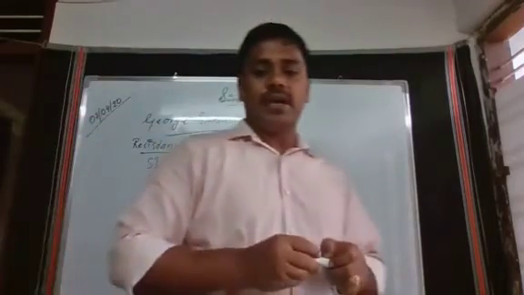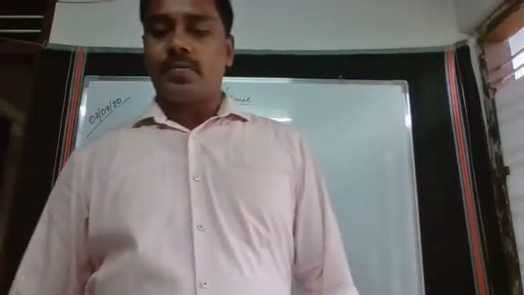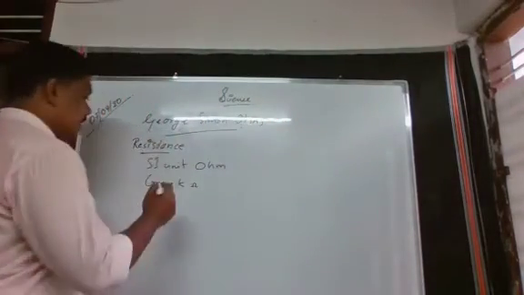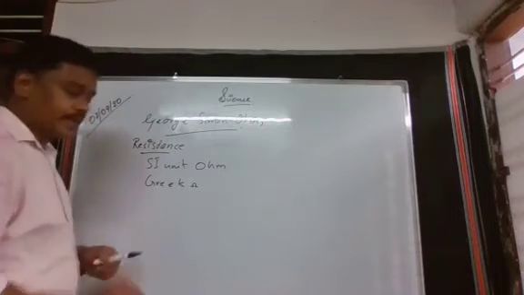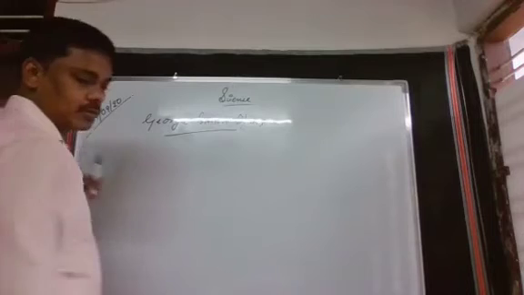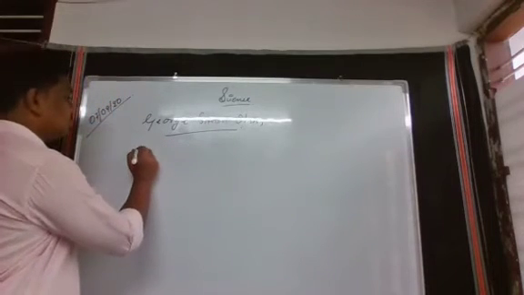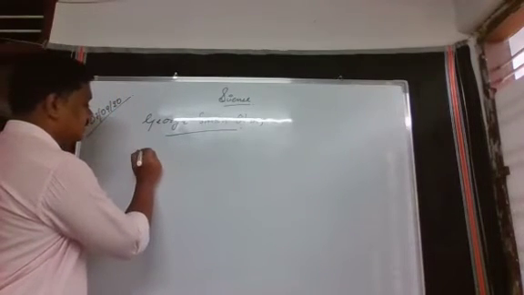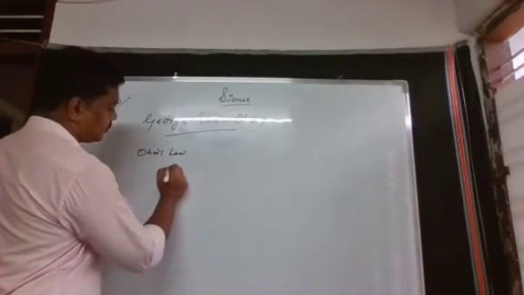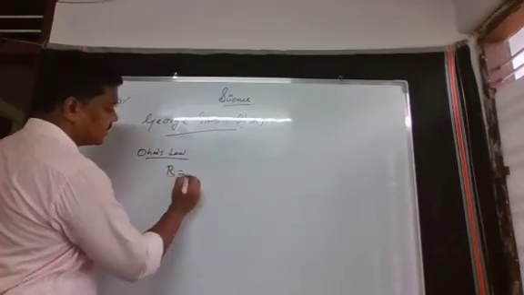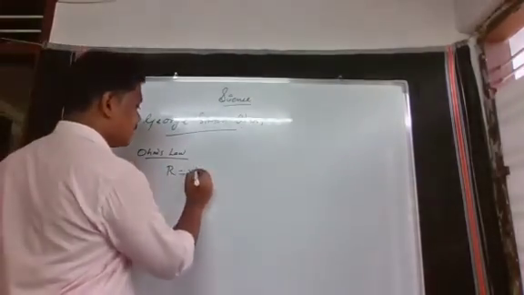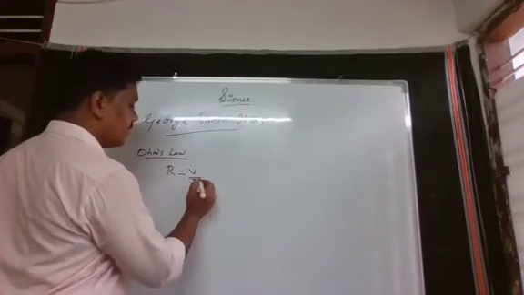According to Ohm's law, resistance R is equal to V by I. We have plotted the graph, and in that we got a constant.